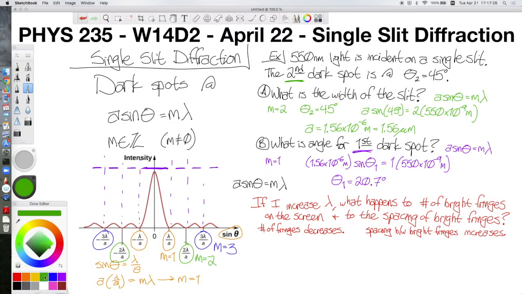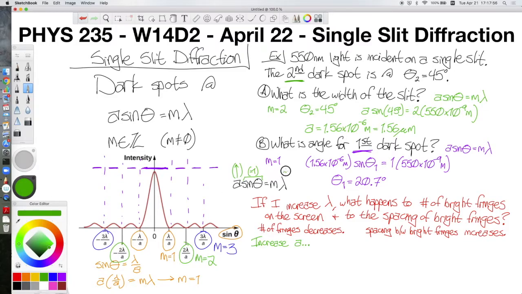Now what if I asked you the same question, but instead of increasing the wavelength, I am going to increase the slit width instead. So if I increase a, same question. So now, if a is increasing, and we're going to again assume sine of theta just equals 1 to figure out how many total possible fringes could fit on our screen.